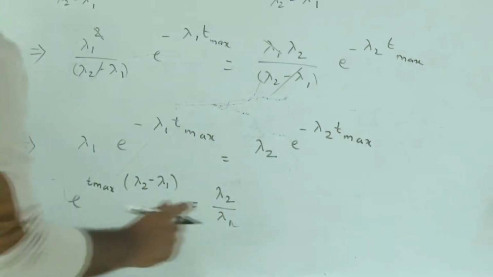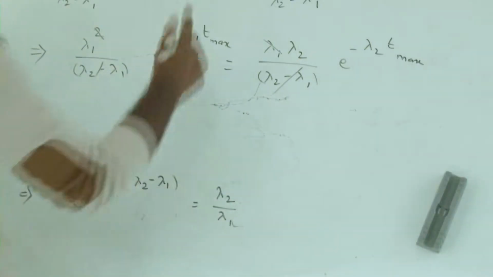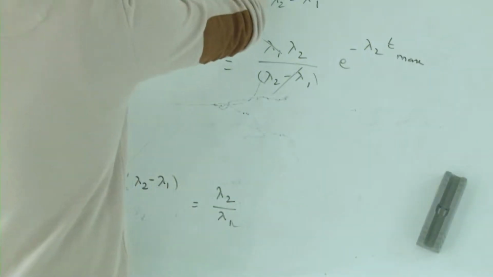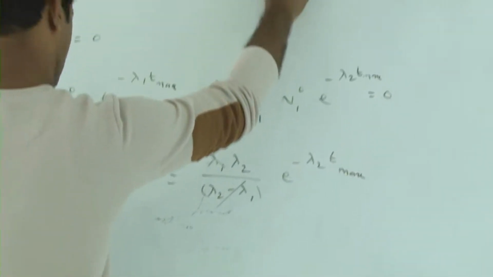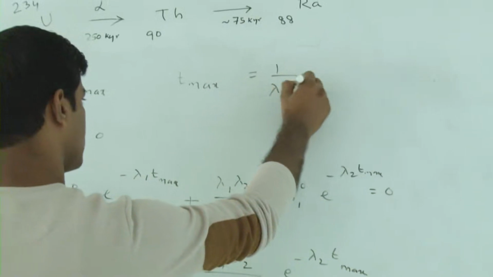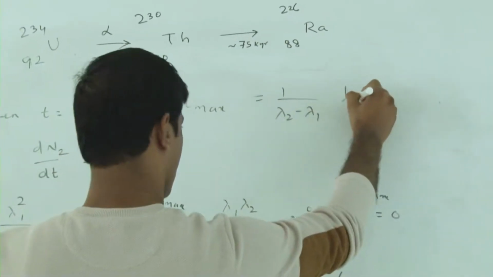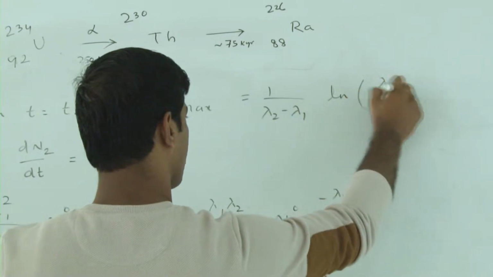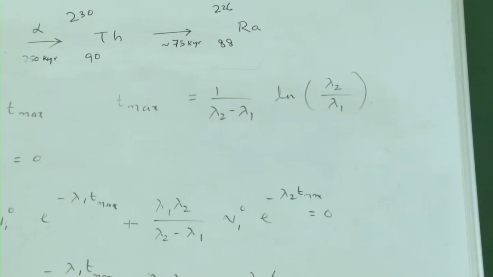If I take log of both sides, T max will be equal to 1 by lambda 2 minus lambda 1 into log of lambda 2 by lambda 1. This is the expression that gives the T max, or the time when N2 will be maximum.